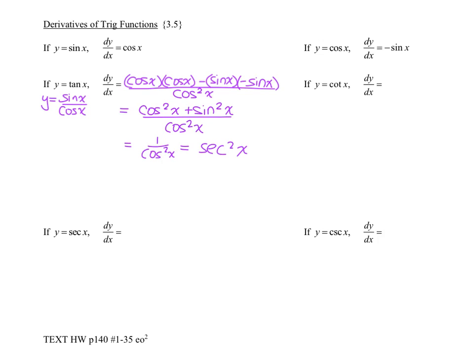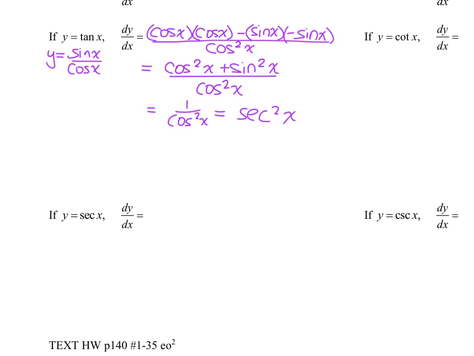Apply the same idea with secant. We talked about this before, where the most important trig functions are sine, tangent, and secant, because the co-functions, we can get those derivatives based on our knowledge of the functions themselves. So secant's 1 over cosine. Low d high. Now you got to start thinking here.